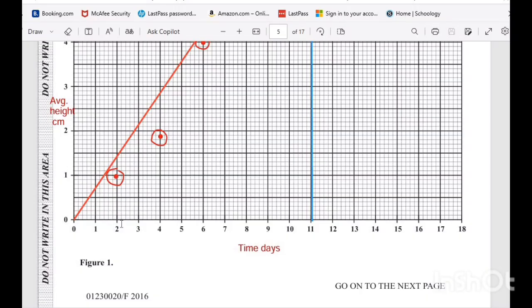So if on day 2 it says that the plant was measuring an average height of 1, it simply means let us take our time and go all the way up until we see where it meets 1 on the graph and go across to make sure that this is where it intersects. That is your point. On day 4, it says that the plant had a height of 1.9.